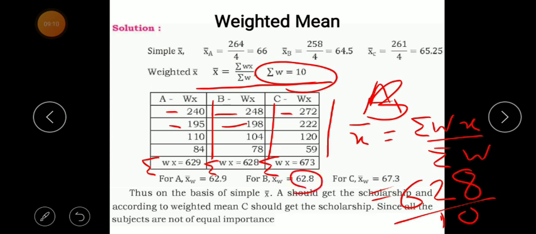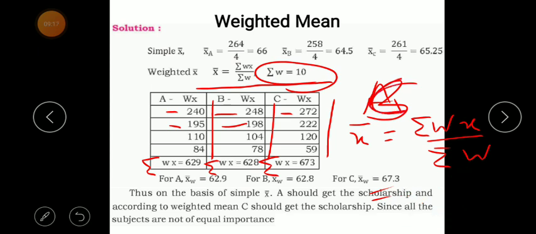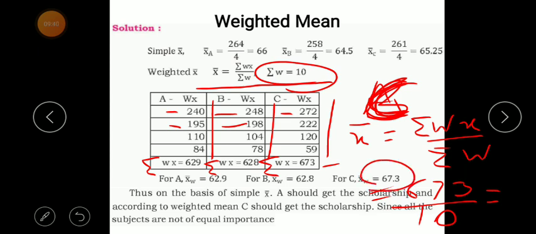It is written here. Now let's move towards c. For c, again the formula remains the same, x bar equal to summation wx upon summation w. Summation wx is 673. So 673 divided by 10, because summation w remains the same everywhere, which is equal to 67.3. It is given here.